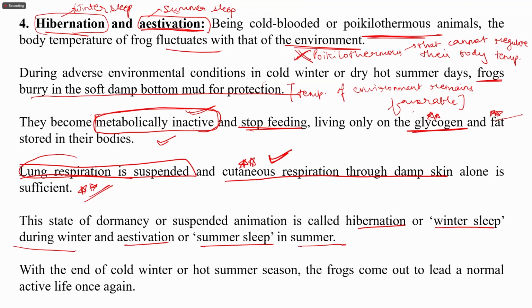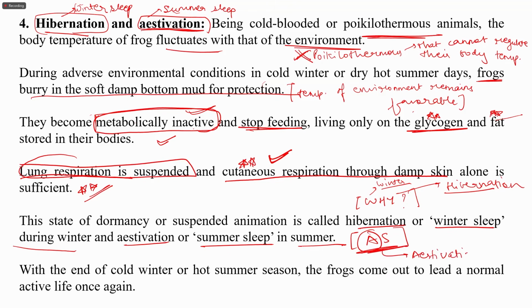In case you forgot, you just remember these two terms. Although the spelling of hibernation is H-I, you can remember it as winter and hibernation, and summer sleep as estivation, as A means estivation, S stands for summer sleep.